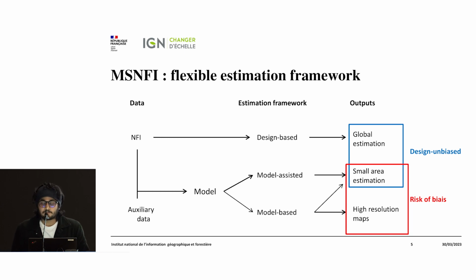For this, we have these estimation frameworks called model-assisted and model-based. The model-based estimation framework relies on the model itself, but there is a risk of bias here because of the model misspecification. So one should be careful while specifying the model, especially while selecting the auxiliary variable. The auxiliary variable should be selected accordingly so that it could catch the variability of the field attributes.